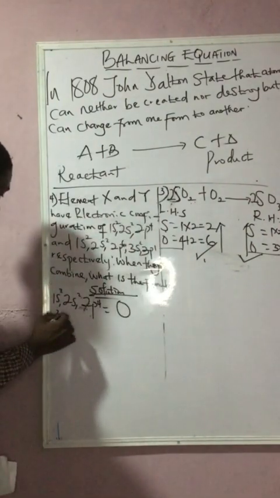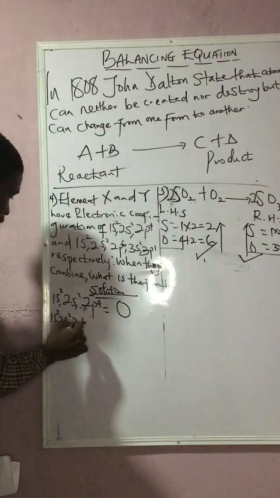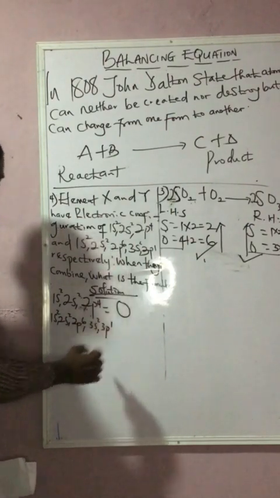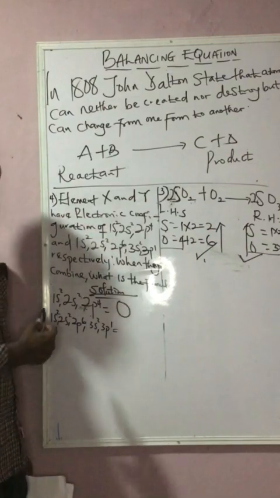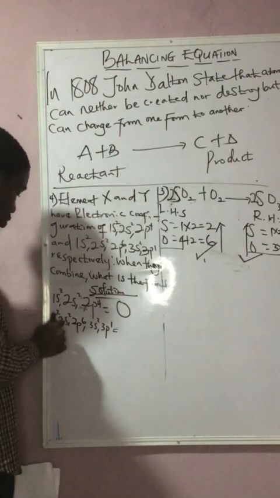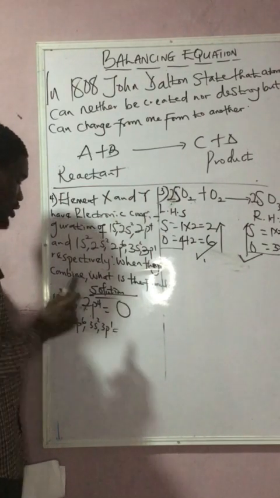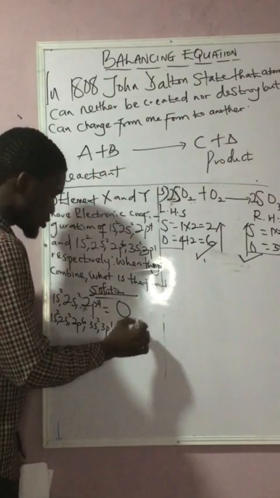We have 1s2, 2s2, 2p6, 3s2, 3p1. So let's add everything together and see the element with the atomic number. 2 plus 2 is 4 plus 6 is 10 plus 2 is 12 plus 1 is 13. The element with atomic number 13 is aluminium.